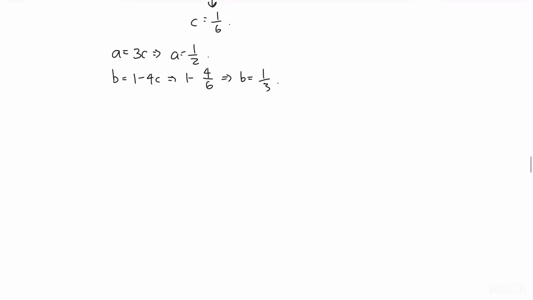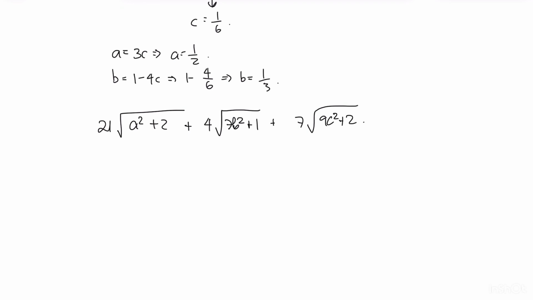So 21 times the square root of a squared plus 2 plus 4 times the square root of 7b squared plus 1 plus 7 times the square root of 9c squared plus 2. So now we substitute a equals 1/2. So 1/2 squared is 1/4 plus 2, so that's square root of 9/4 plus 4 times 7b squared plus 1.